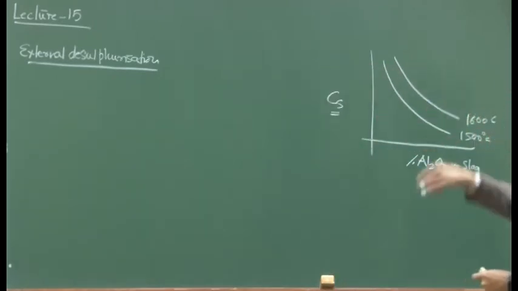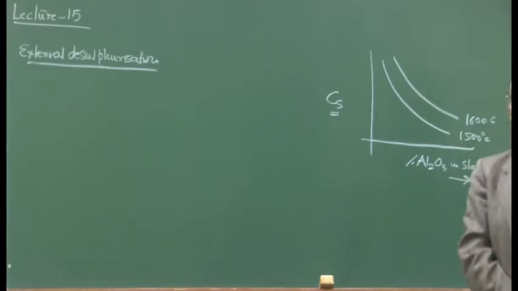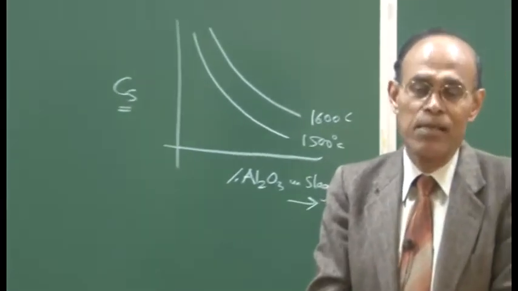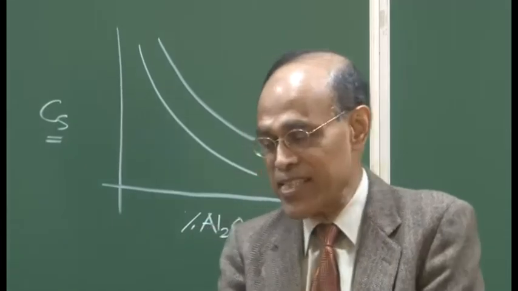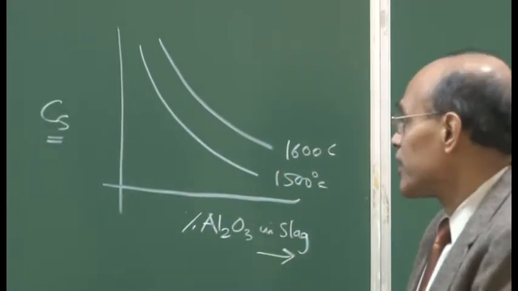I introduced a definition of sulfide capacity, and I also showed the meaning of L sub S, which we call the sulfur partition coefficient: weight percentage sulfur in slag divided by weight percentage of sulfur in metal.